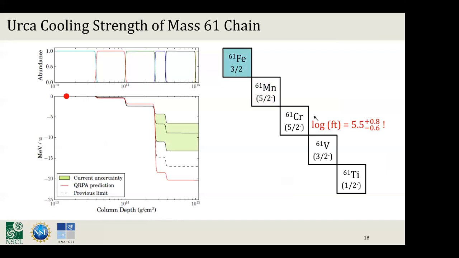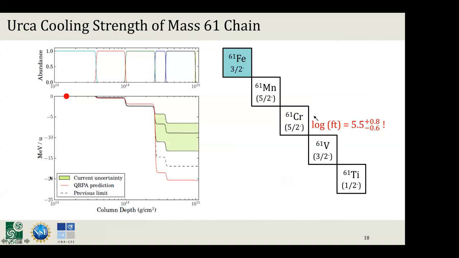Now that we have measured the beta decay transition strength between the ground states of vanadium-61 and chromium-61, we can use that to study what the Urca cooling strength of the mass-61 chain is. On this plot, the top panel is the abundance of each nucleus in the mass-61 chain, normalized to the total mass-61 abundance.